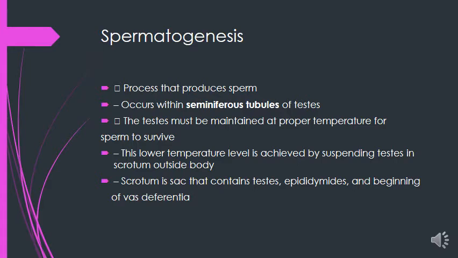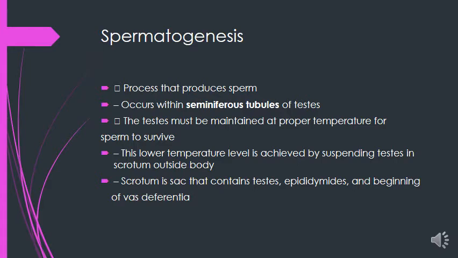Okay, and where does it occur? It occurs in the seminiferous tubule of testis, and the testis must be maintained at proper temperature for sperm to survive. And as we earlier studied in the slide, the temperature is about 2 to 2.5 degrees Celsius.